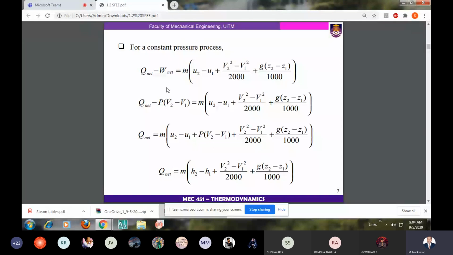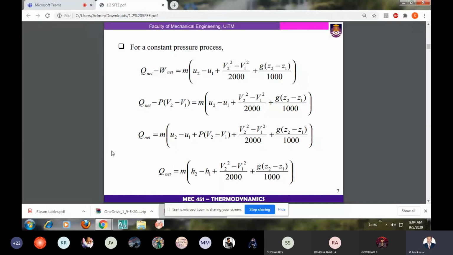Then we can expand the equation as Q net minus P delta V equal to m into delta U plus delta kinetic energy plus delta potential energy. Then Q net is equal to m into (U2 minus U1) plus P (V2 minus V1). Notice these terms: U2 minus U1 plus P (V2 minus V1).